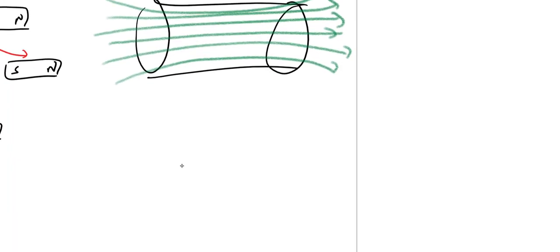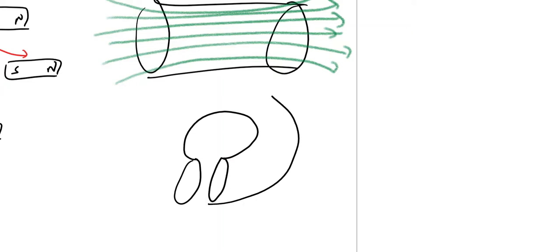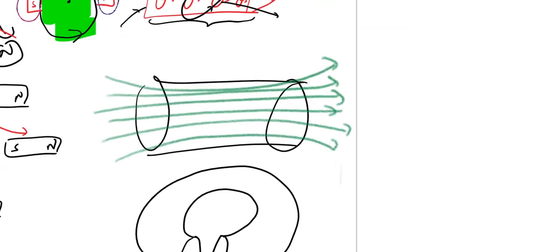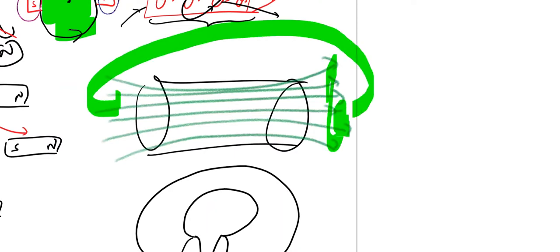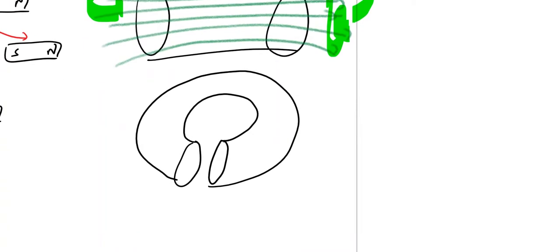Now if I bend the solenoid like this, what will happen? The field lines which are coming out from this part, I am giving a chance to these field lines to enter into south pole when I bend it. So field lines coming out from one pole will enter into south, and then I have closed loops produced.